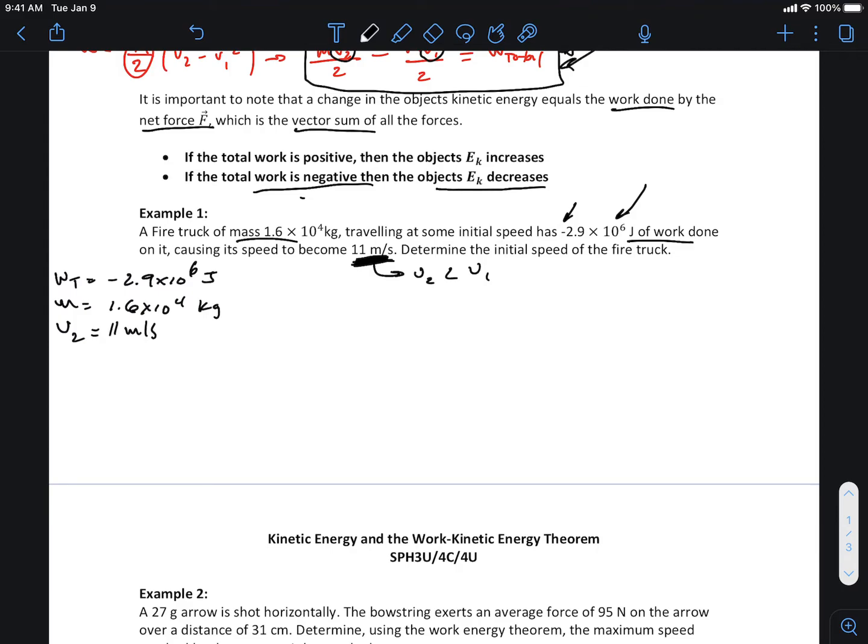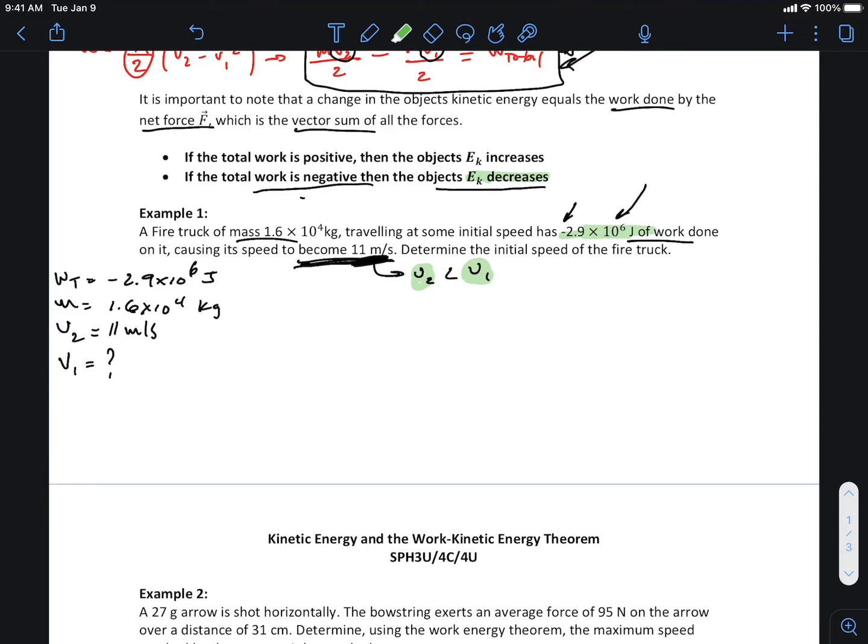That's what it became, implying that it was the final velocity. Okay, we want to find what V1 is equal to. And just from checking our final answer, we know that the V1 value should be bigger than the V2 if negative work was done, because EK decreases in that scenario.